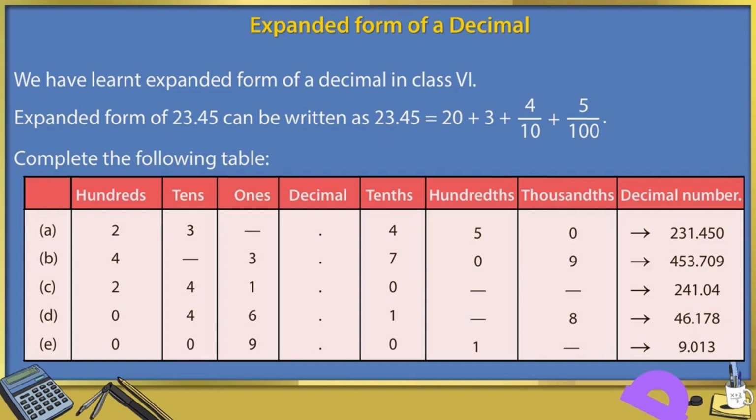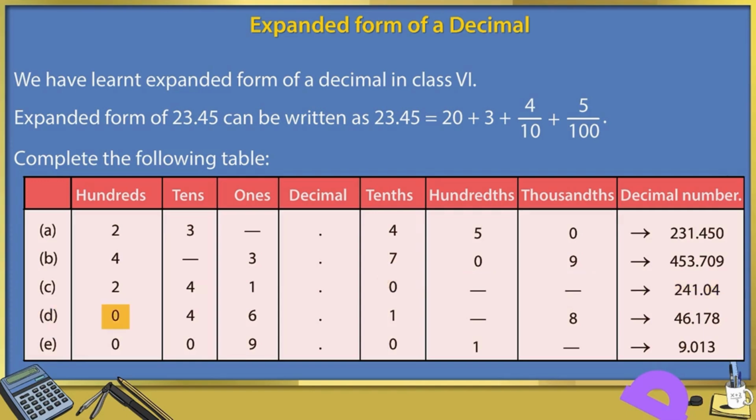Decimal number. A. 2, 3, blank, 0.450, 231.450. B. 4, blank, 3.709, 453.709. C. 2, 4, 1.0, blank, blank, 241.04.